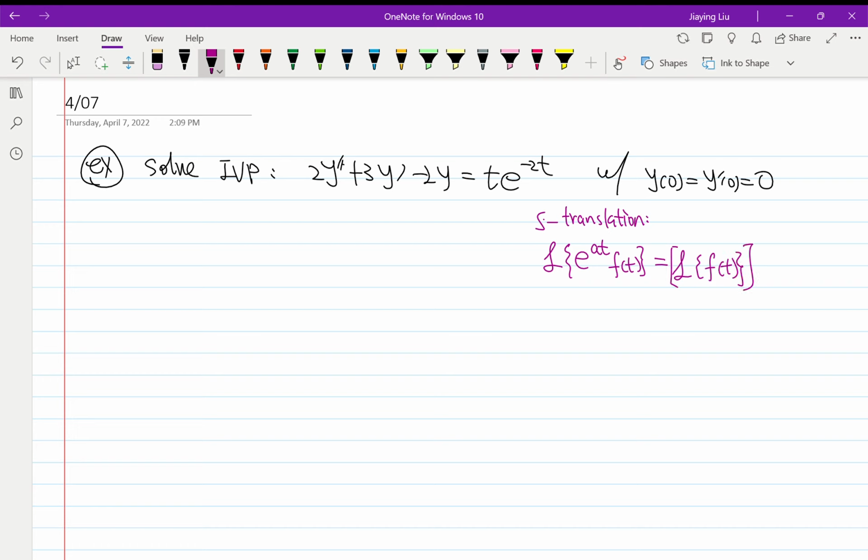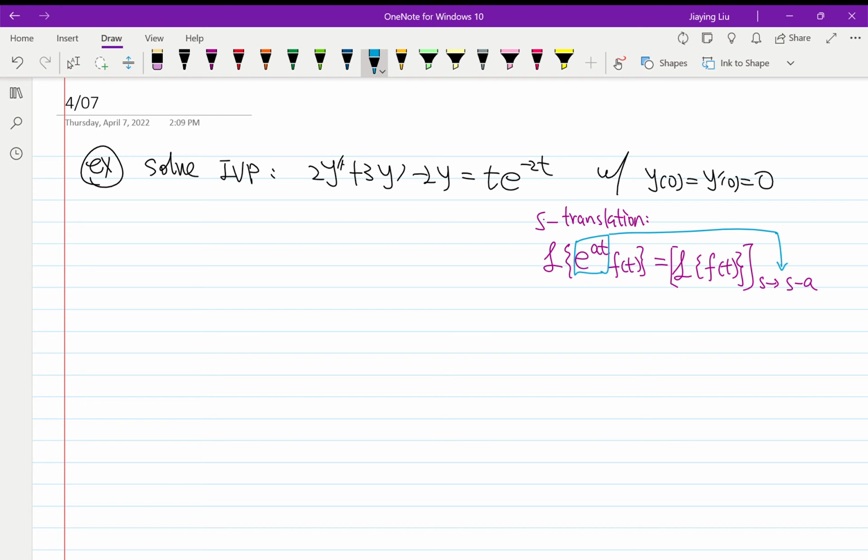After we found the Laplace transform of f of t, we're going to replace the s in that final answer with s minus a. So that will give us the Laplace transform of e to the at f of t. You can think of this as a sort of shortcut. The first step is to ignore this for a while, and then at the end, to compensate for the part that we ignored, we replace s with s minus a.